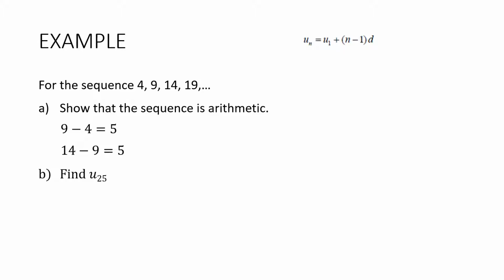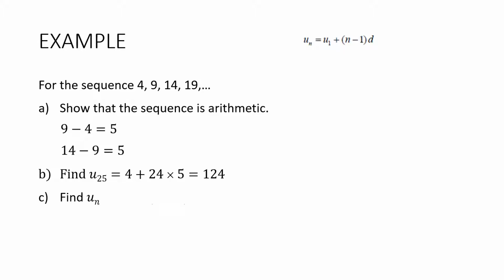Now we want to find the 25th term, so we're going to put it into that formula. So U1 is 4, d is 5, and n is 25. So I've got U1 plus n minus 1, I've taken a shortcut here, times d. The calculator gives us 124.